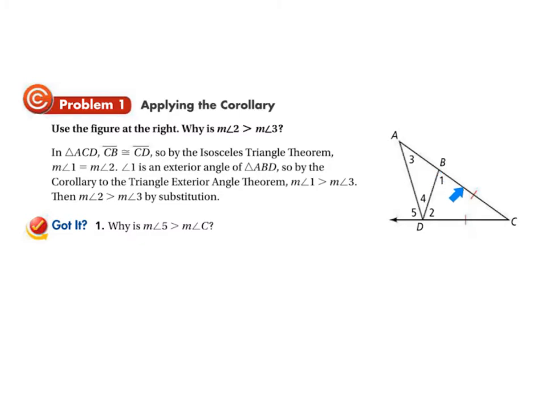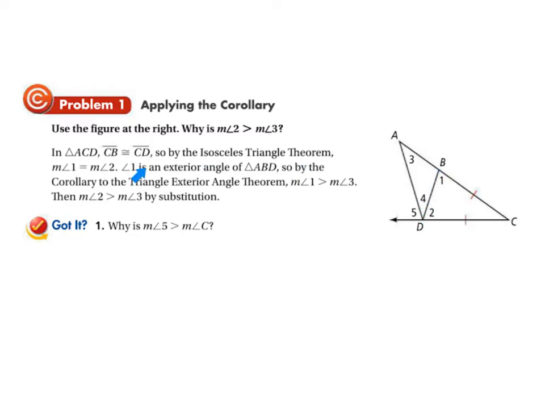But angle 1 is formed like that, and this is an isosceles triangle, which means the base angles, angles 1 and 2, are congruent. So because it's isosceles, the measure of angle 1 is congruent to the measure of angle 2, and therefore, if we can show that the measure of angle 1 is greater than the measure of angle 3, then by substitution, we can say the measure of angle 2 is as well, since they're equal.